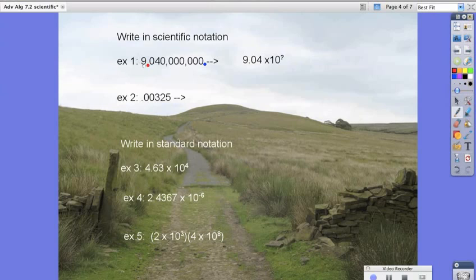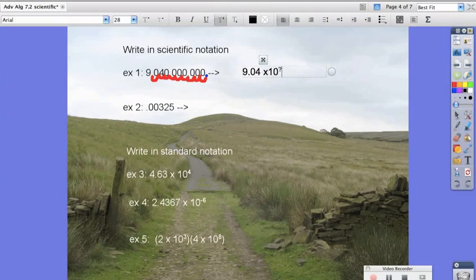Starting at the red, we move our decimal point to the right: 1, 2, 3, 4, 5, 6, 7, 8, 9. So we moved it 9 places to the right. Therefore, our exponent should be the 9th power.